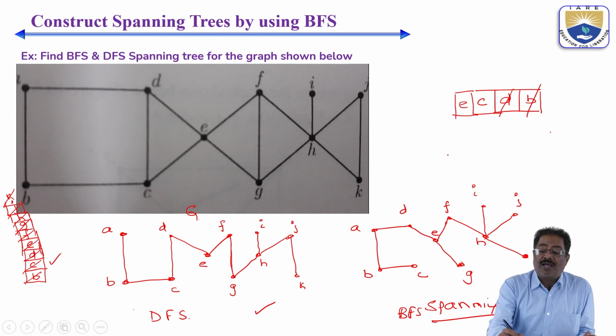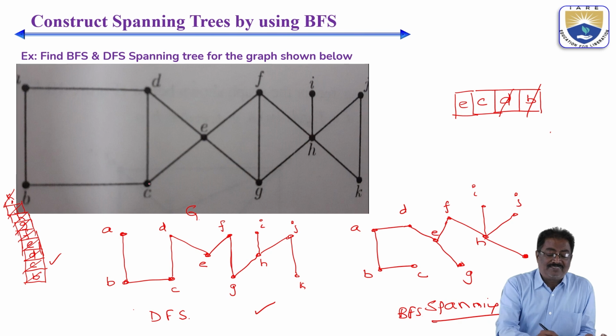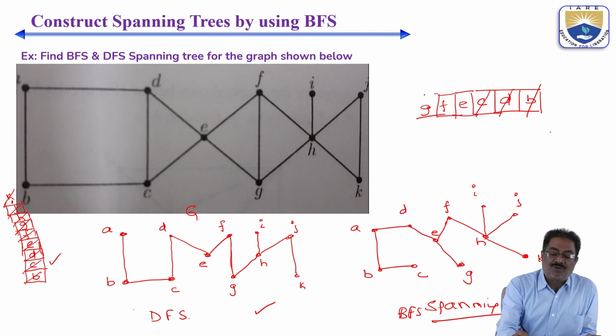Then we remove that, and next C. From C there is only one vertex, E, which is adjacent but already visited, so I am not going to consider it. Next I am going to consider E. From E, F and G will be there, so I consider first F and then G.